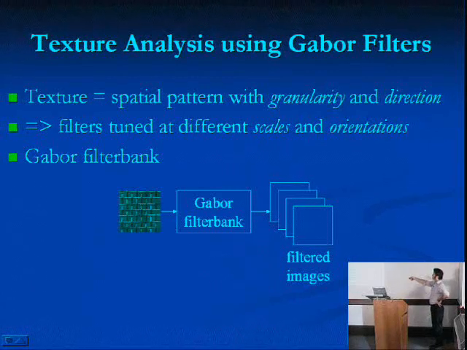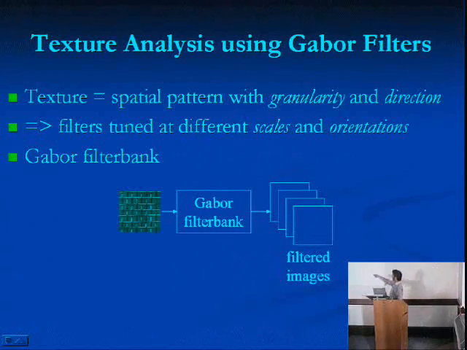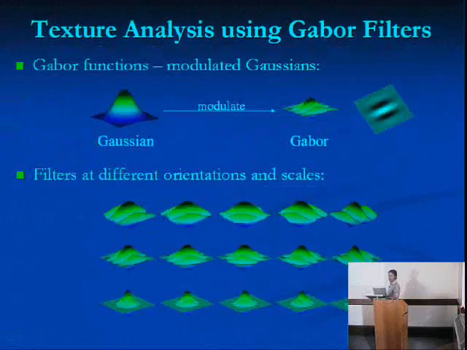For each filter in this Gabor filter bank, tuned to a specific scale and orientation, we end up with one output, a filtered image. Then we summarize those filtered images to form a compact descriptor of the texture in our image, of the scales and orientations that are occurring in there.